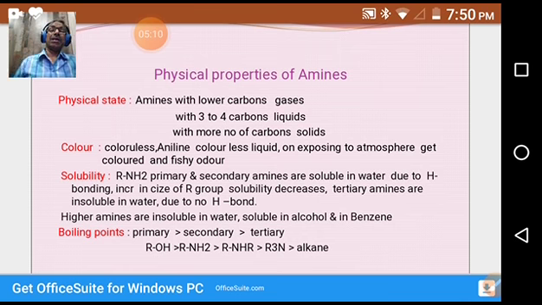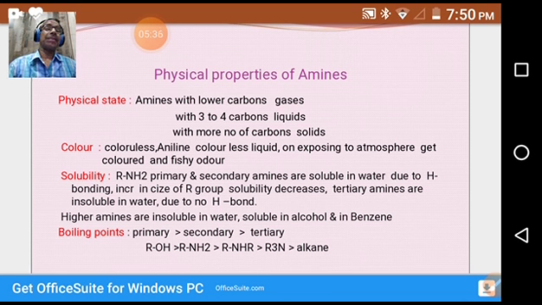As the number of carbons increases in the R group of amines, they become liquids, and finally with higher molecular weight, solids. Generally, these are colorless, and when they are exposed to the atmosphere, with time they get some color. Especially aniline.